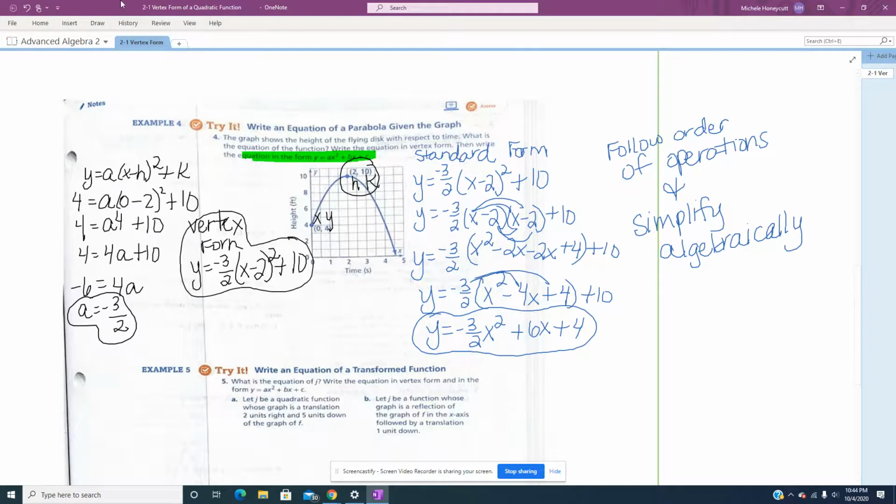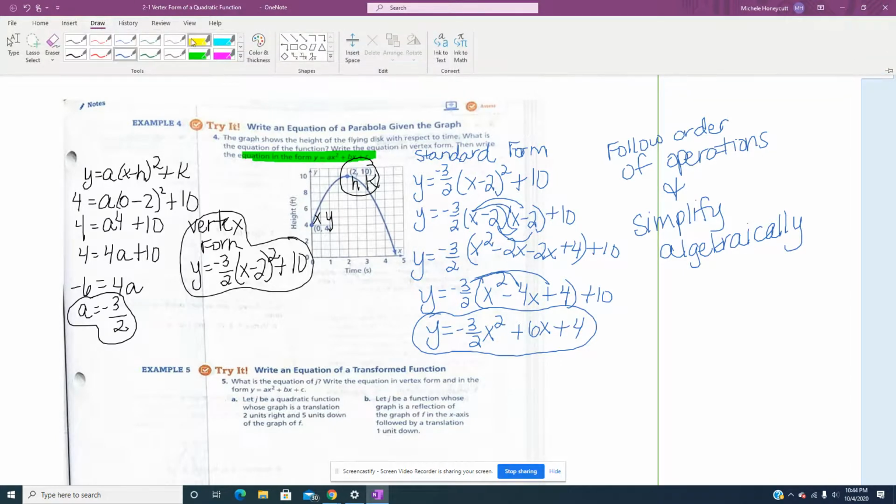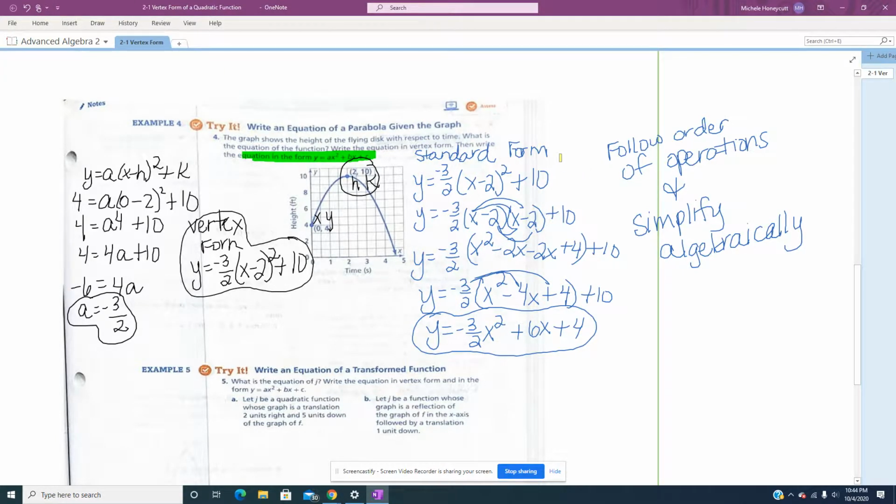Just to reiterate the order of operations I followed: I squared x minus 2, multiplying the x minus 2 together, that's squaring it. Once it was squared, I combined some like terms. Then I distributed the negative 3 halves. Then you could combine like terms at the end.